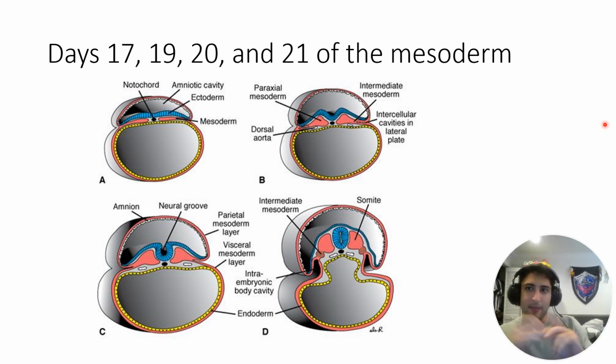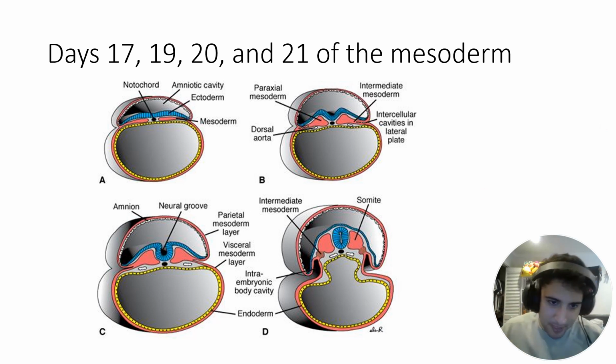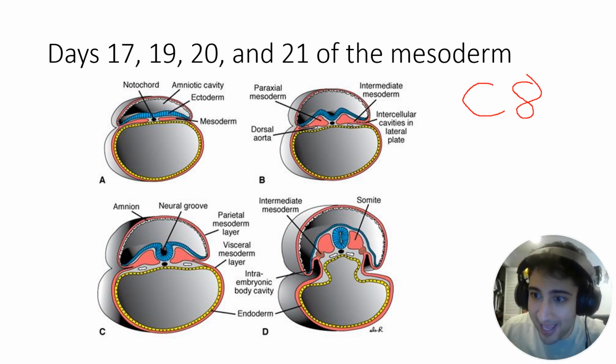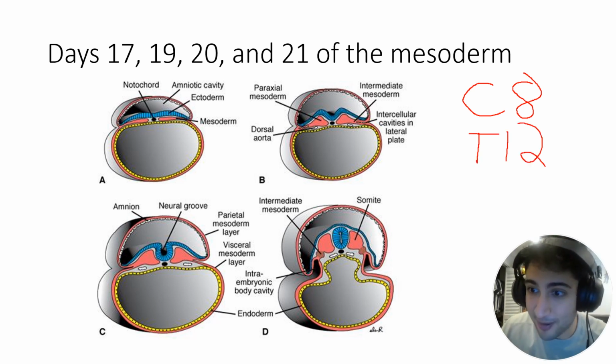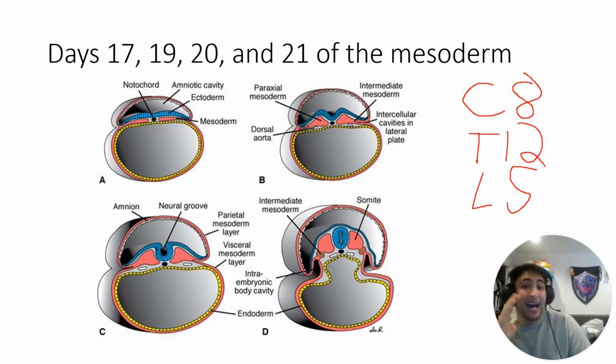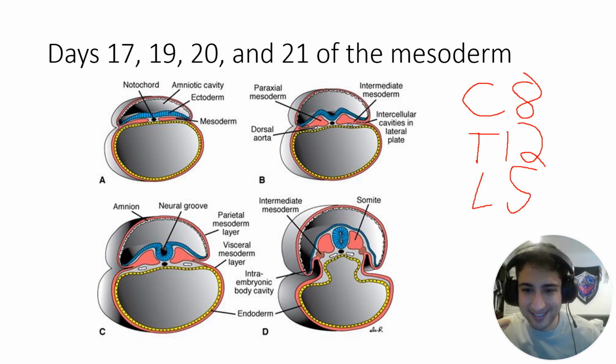This isn't something I want you to memorize, but there are 8 cervical somites, 12 thoracic somites, and 5 lumbar somites, which happily coincide with the number of spinal nerves. You have 8 cervical spinal nerves, 12 thoracic spinal nerves, and 5 lumbar spinal nerves.